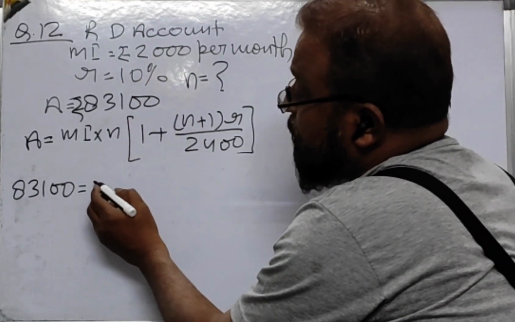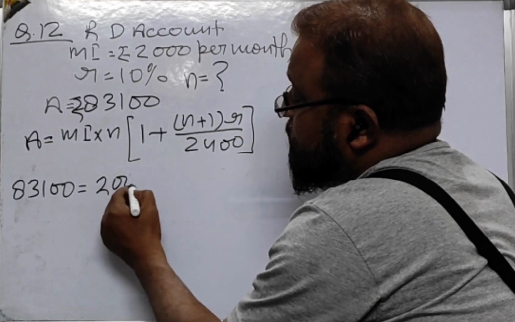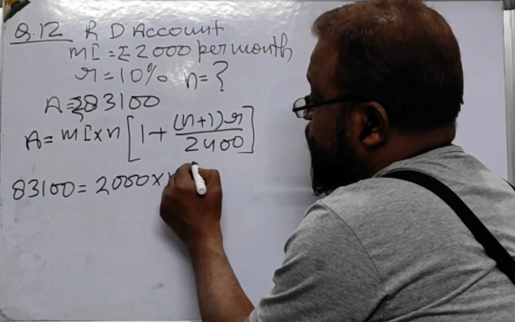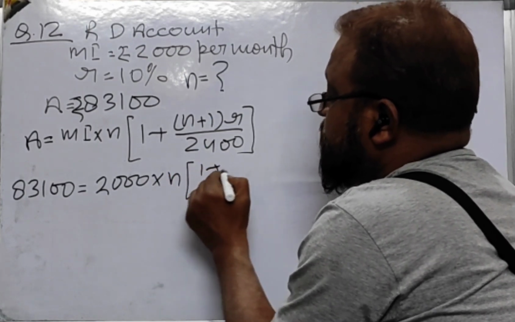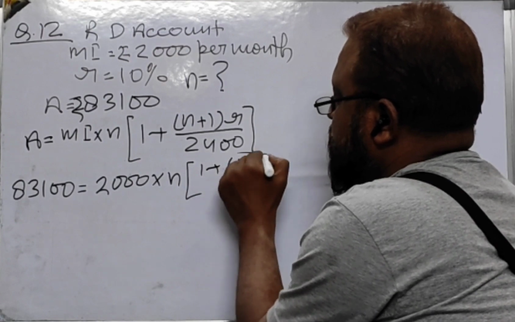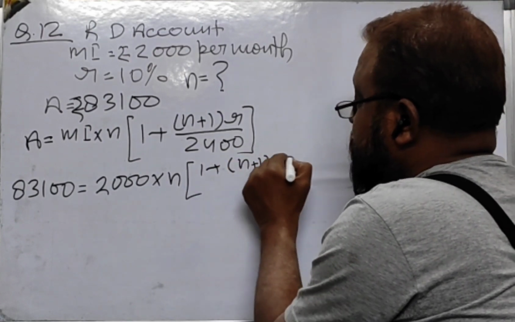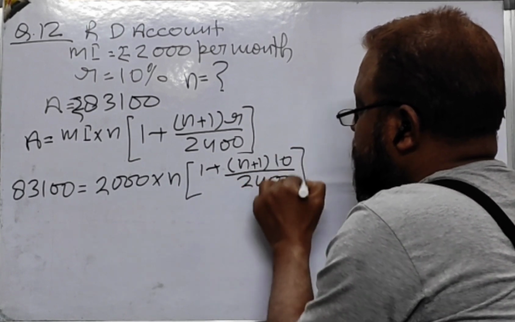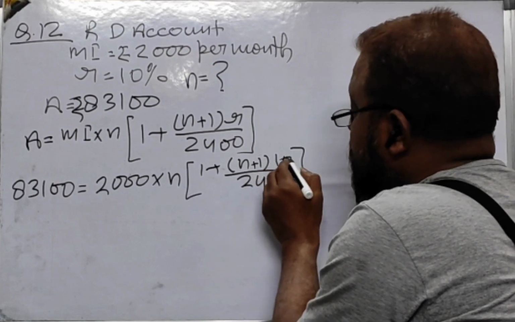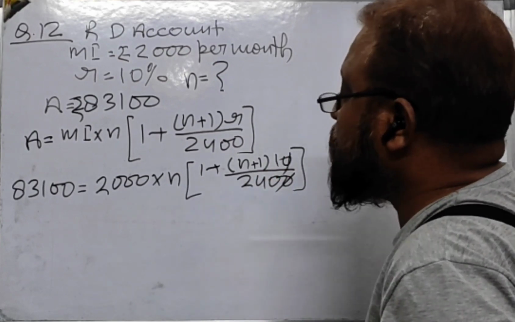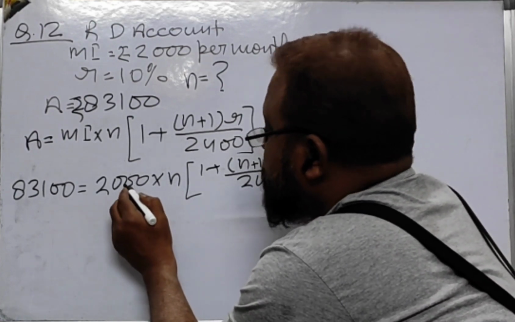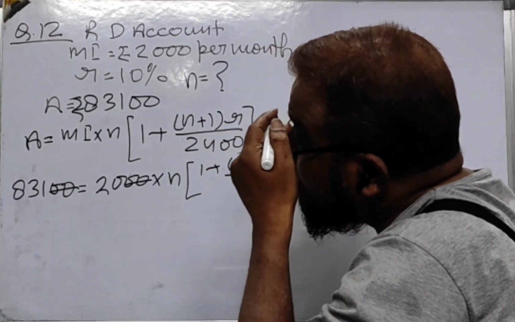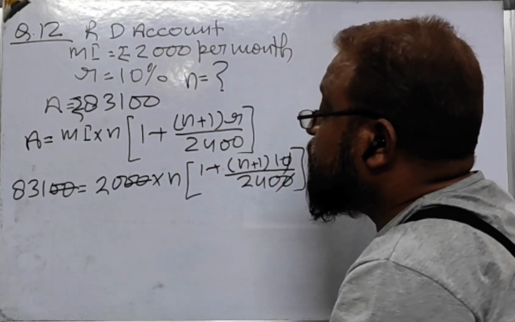So mi is 2000 into n, we have to find out, 1 plus n plus 1, and r is 10% upon 2400. Again, the zeros cancel out. These two zeros and these two zeros are gone. Nothing more to be done.